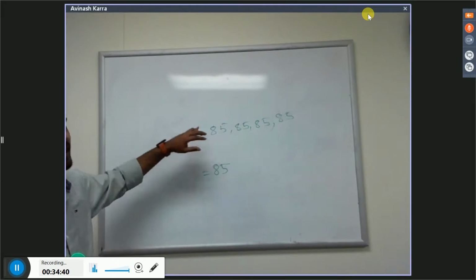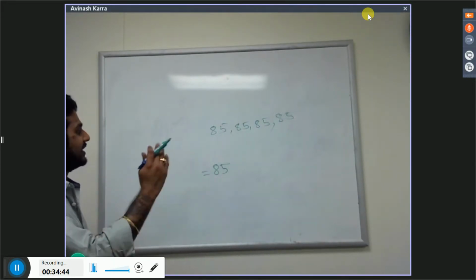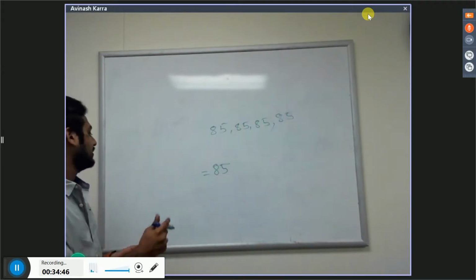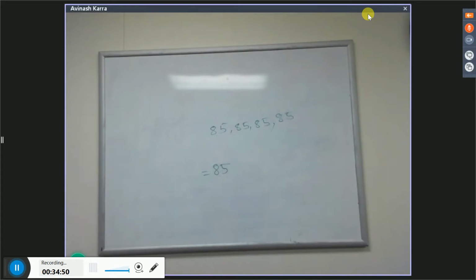Not only 85, any number. If all the numbers in the set are the same, then the average will be the number itself. That's what he's saying. Understood?